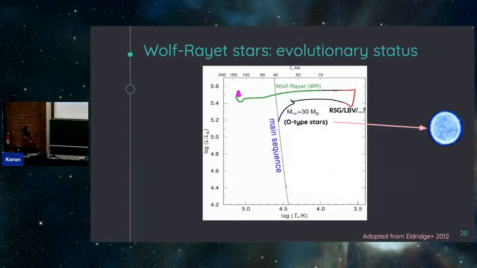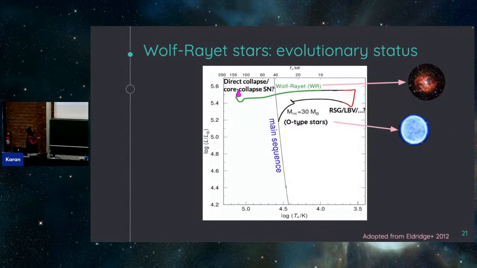So it sheds the cool layers of the star, and then it still remains luminous, but it's quite hot. So on the diagram, it travels all the way to the left. And this is when it appears as a Wolf-Rayet star. Now, the end stages are, as I mentioned, still a topic of debate, whether they directly collapse, whether there's a core collapse supernova. We are still not quite sure.